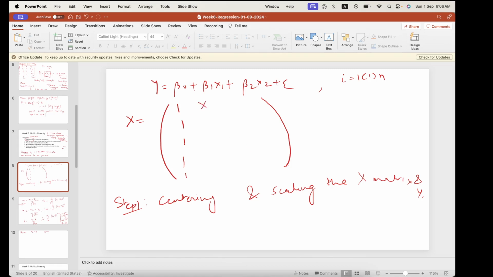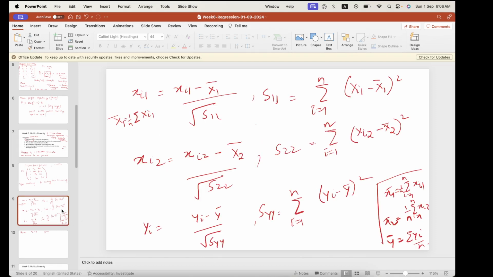Okay, so let it be capital X11, capital X21, capital X31, capital Xn1, capital X12, capital X22, capital X32, and so on, capital Xn2. Alright, so here we have xi1 as capital Xi1 minus X1 bar by root over s11, and xi2 will be capital Xi2 minus X2 bar by root over s22.